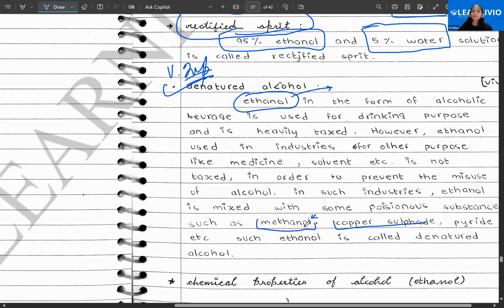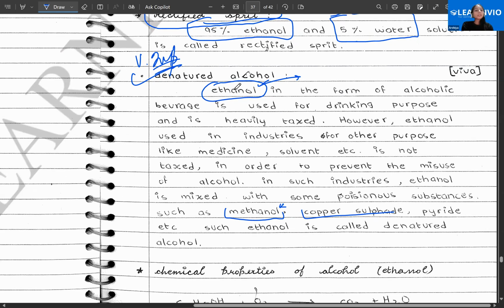Methanol and copper sulfide are poisonous to human beings. They add them in little amounts so they do not affect the properties of ethanol, but if someone consumes it, it will harm them. That is what the government has done to prevent the stealing or misuse of ethanol.